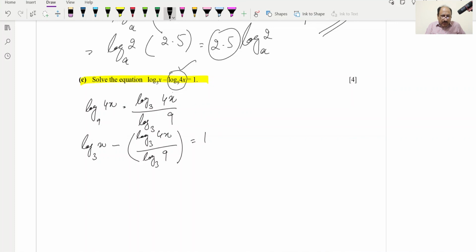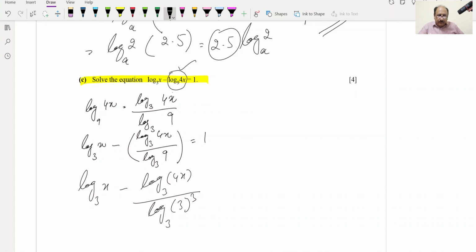So 9 we can write as 3 raised to the power 2, so log of 3x minus log of 3 of 4x over log of 3 of 3 squared, and this is equal to 1.